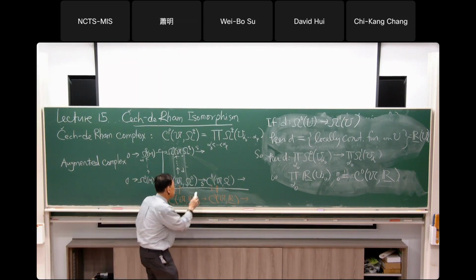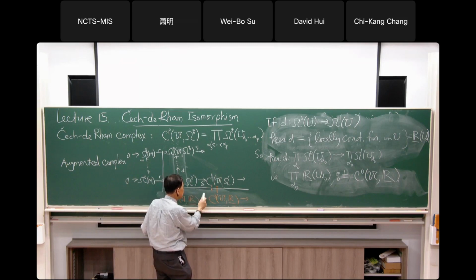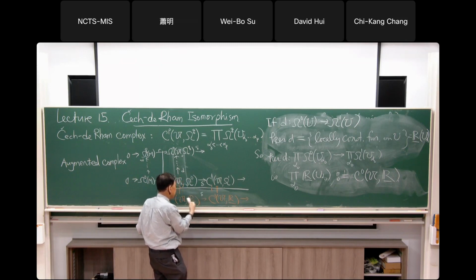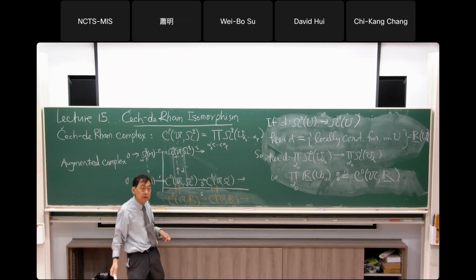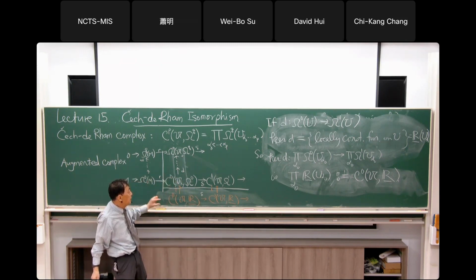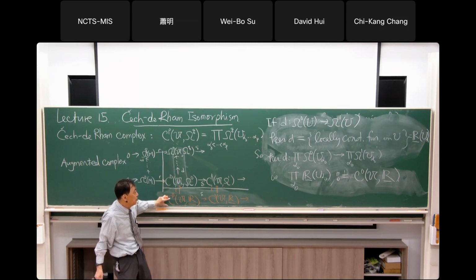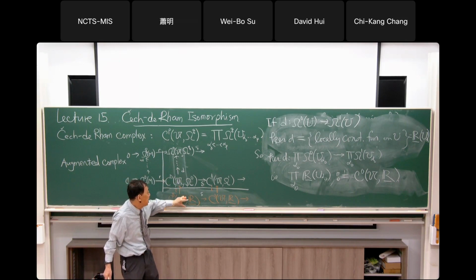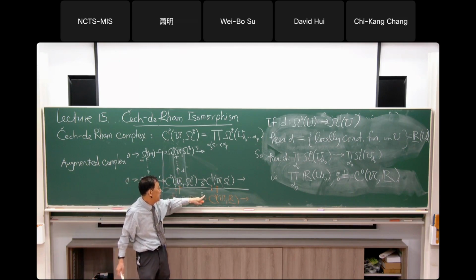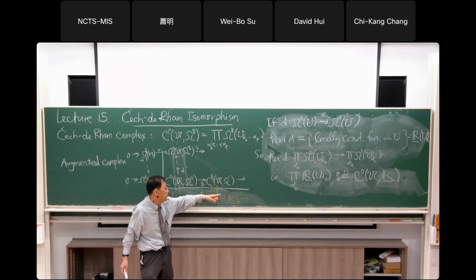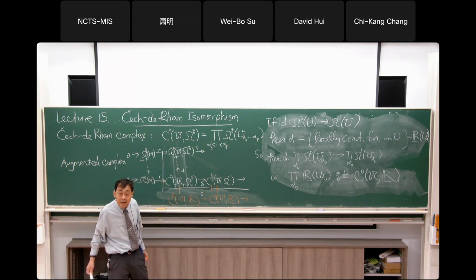And the delta is the difference; the difference of locally constant functions is locally constant. So we can augment the Cech-de Rham complex with the bottom row. And this bottom row will satisfy del square equal to 0, and you can define its cohomology.